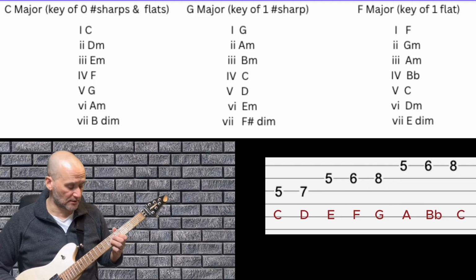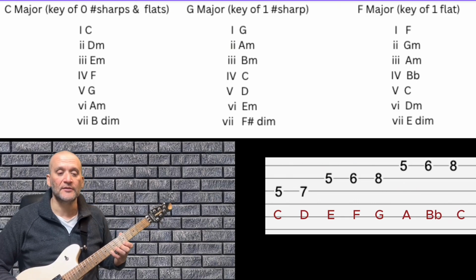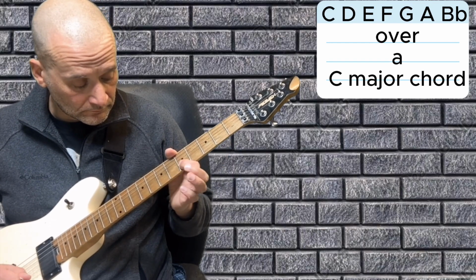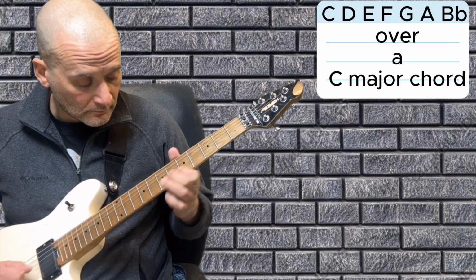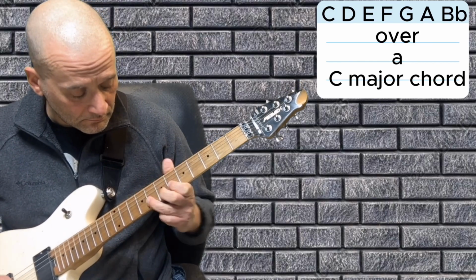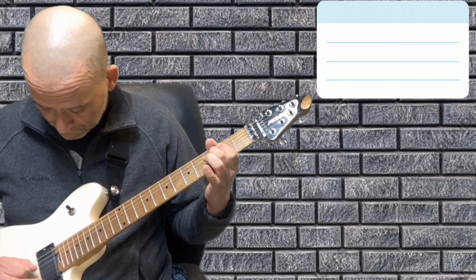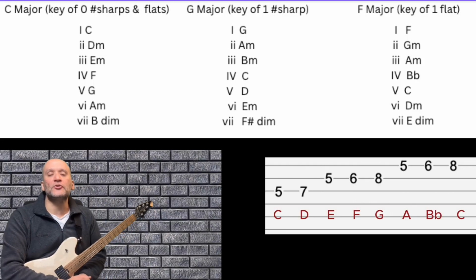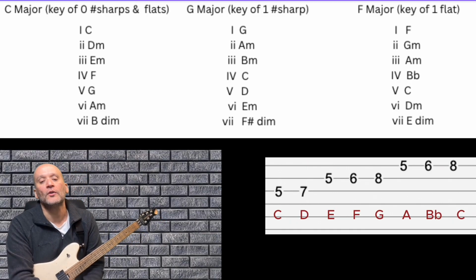We're going to play C, D, E, F, G, A, B flat, and C. If you play those notes, C, D, E, F, G, A, B flat, there's only one key up there that they all can figure into.